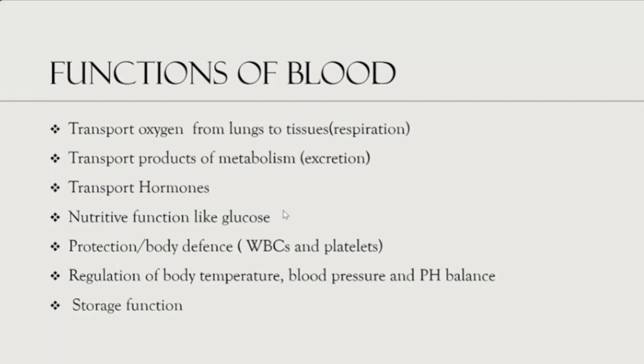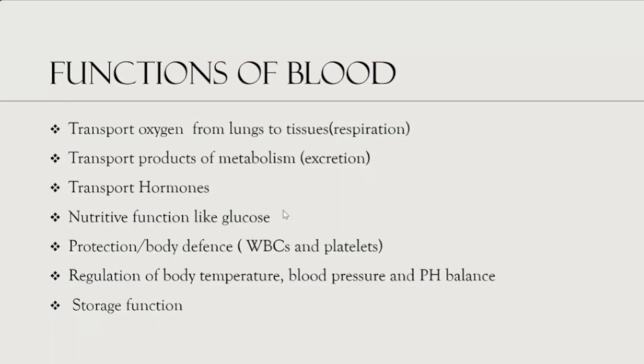It also has a nutritive function in that it gets glucose from the GIT, the digestive system, and distributes it to the tissues that require it. It is also important in protection and body defense because it contains the immune cells, the white blood cells, and also the platelets.